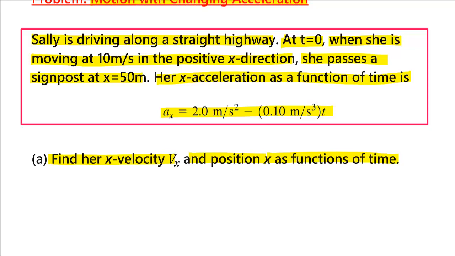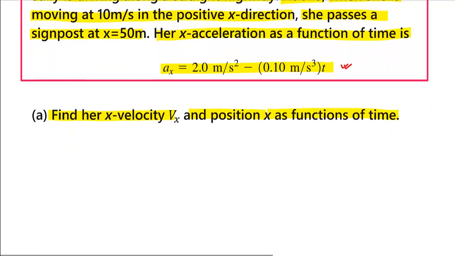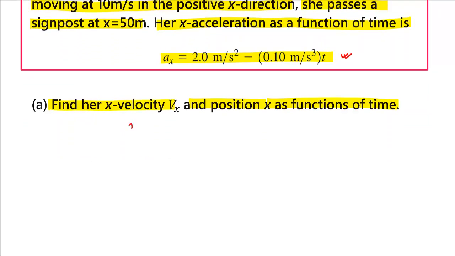Now in this problem, acceleration is given. So this is the instantaneous acceleration, and you see the instantaneous acceleration is a function of time. This means acceleration in the x direction is not constant. So now I cannot use those formulas, the three kinematical equations that we derived earlier.